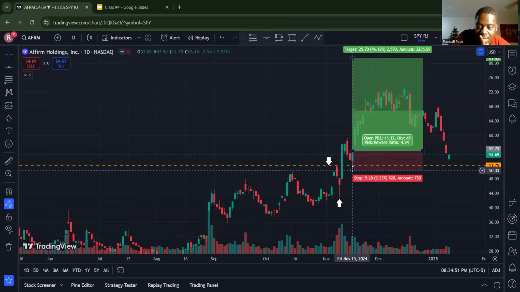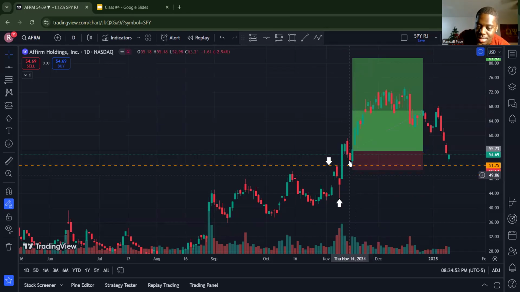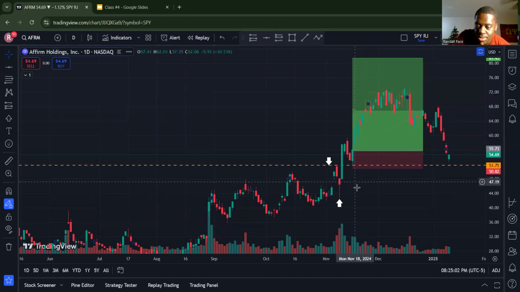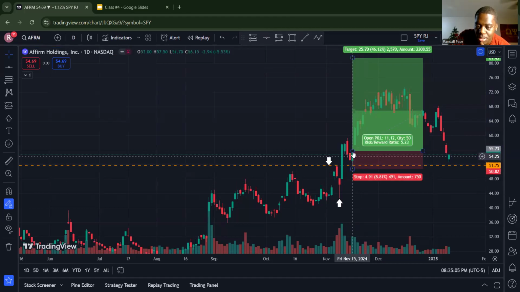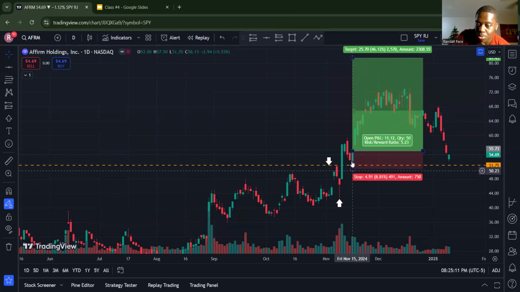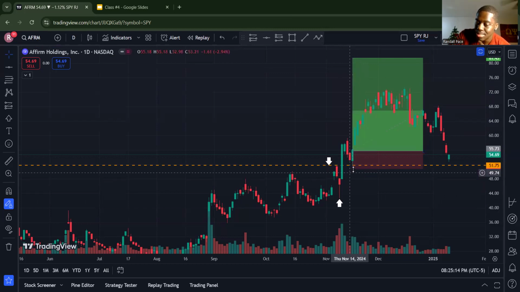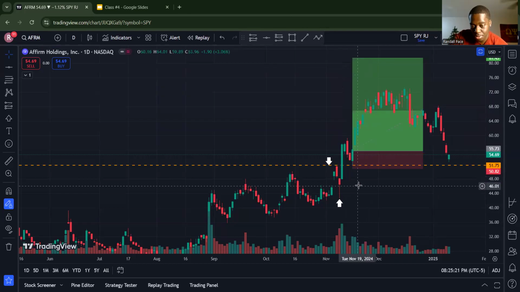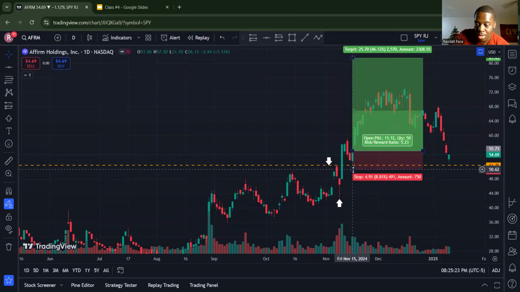Of course you can bring it a little lower because sometimes it'll wick off, but you will put your stop right below the retest level. Why does that make sense? Simply because this is too far, and this is where it has to hold. If it doesn't hold this, it's a lot more risky if it gets down here, if it's going to go back up or not. I mean, you're still holding the higher low, but at what cost?